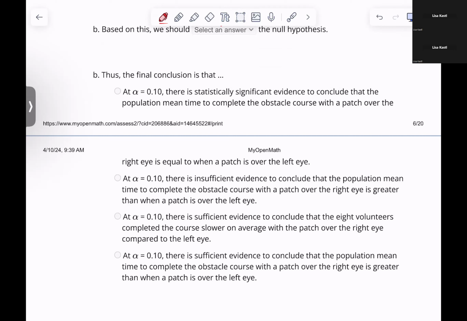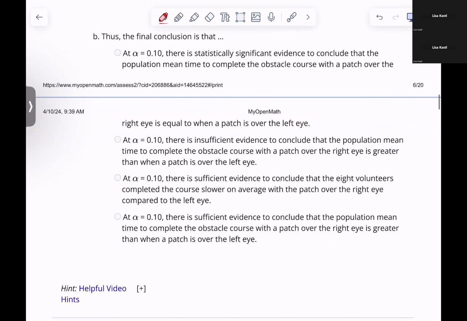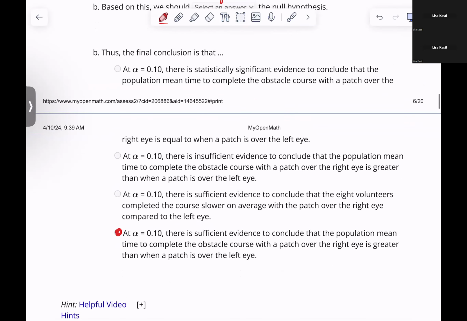No, correct? No. At alpha equals 0.1, there is insufficient evidence to conclude that the population mean time to complete the obstacle course with a patch over the right eye is greater than when the patch is over the left eye. And the answer is, if I remember correctly, and I have it highlighted, this one.